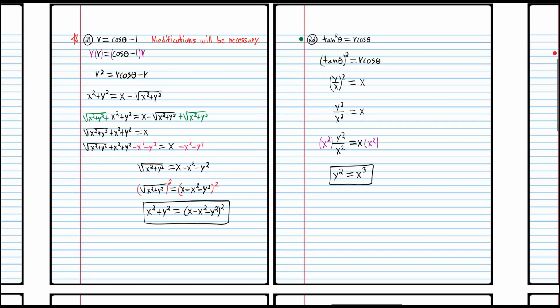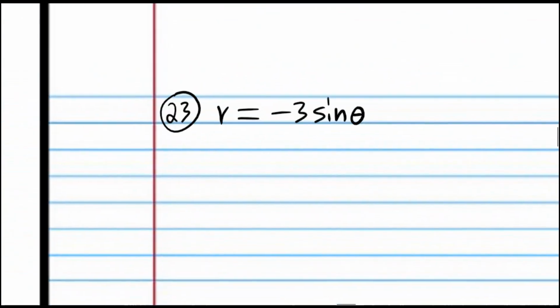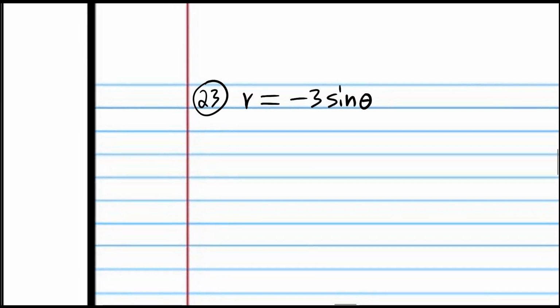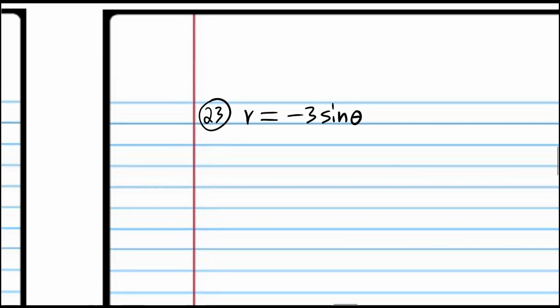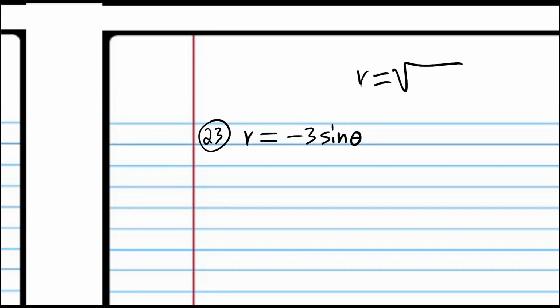Okay, so you can take a picture of these two problems, and they'll help you to do number 23. Go ahead and attempt number 23. In this case, in order to avoid problems, you're going to want to multiply both sides by r. Because if you don't, you're going to have to write r is equal to root x squared plus y squared. But remember, r can be negative.